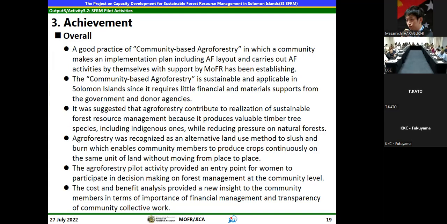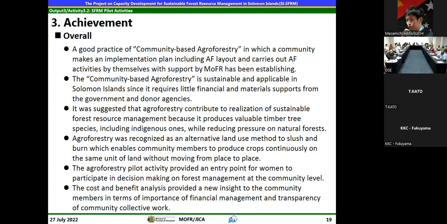It is suggested by the community that they realize sustainable forest resource management through agroforestry, as it produces valuable timber trees, and as well as it reduces pressure on their natural forests.